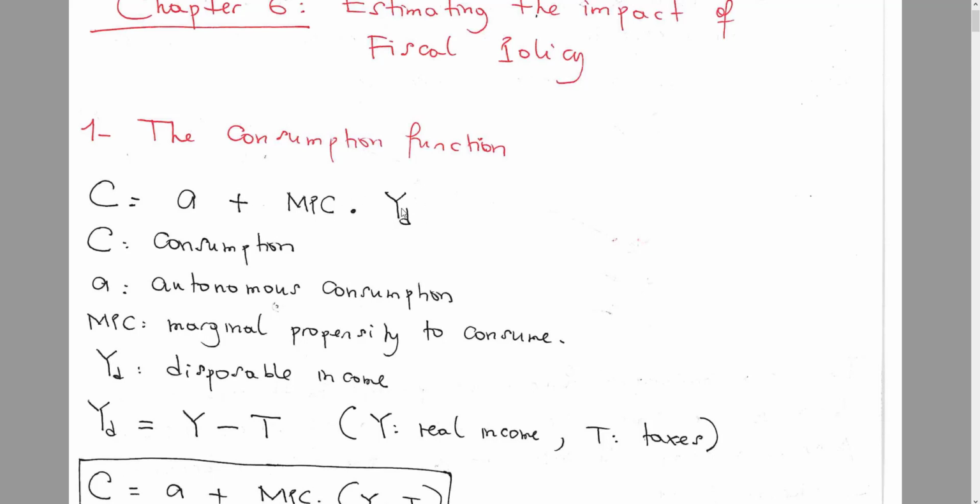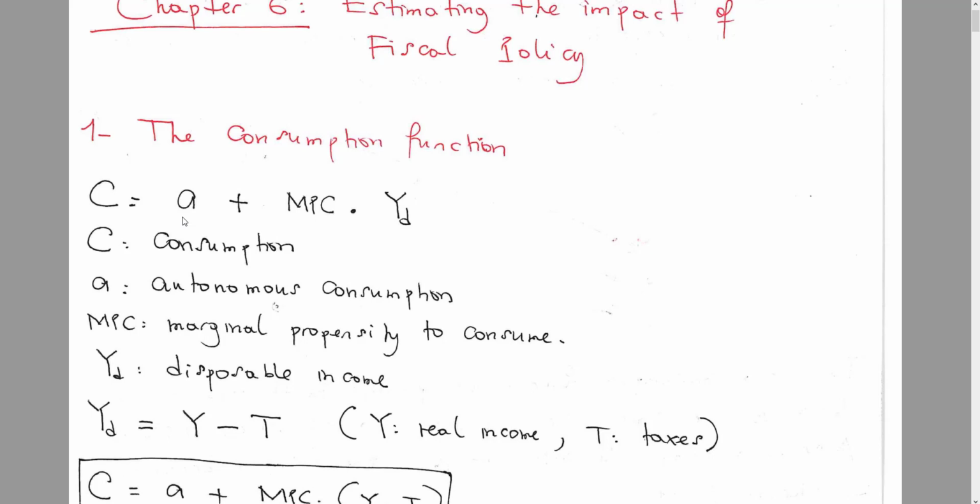Now that we understand what YD is, we can go back to A and interpret it. A just represents how much is being consumed in the entire economy even if you have no income. You have no disposable income, there's no work, no income at all. This is how much is being consumed. And this is actually true at many levels. Even if there's no income, there are sources for consumption, and it depends on many things.